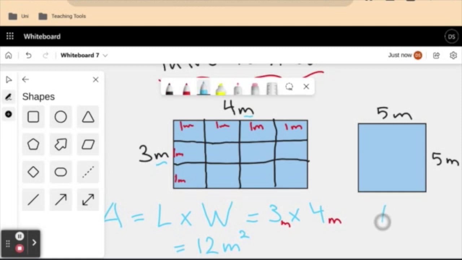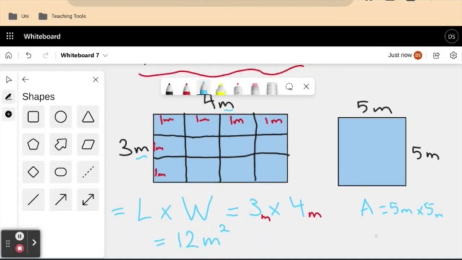So in this case, our area is 5 meters by 5 meters, and that gives us 25 meters squared.